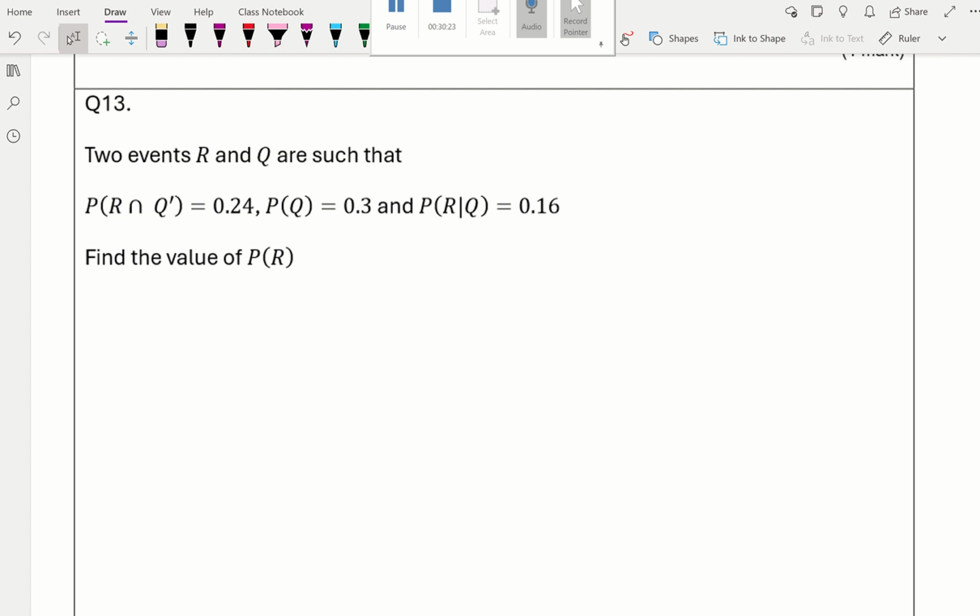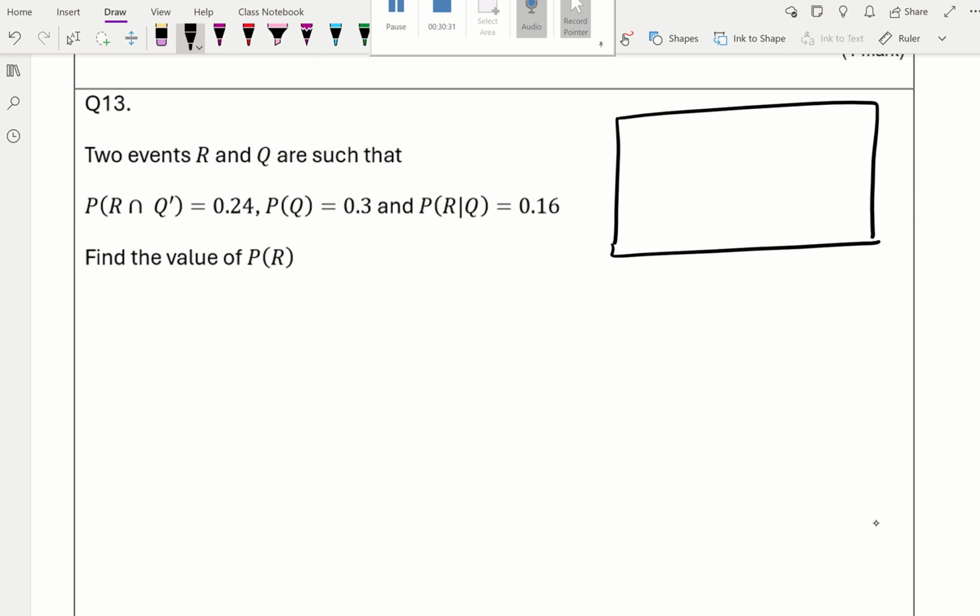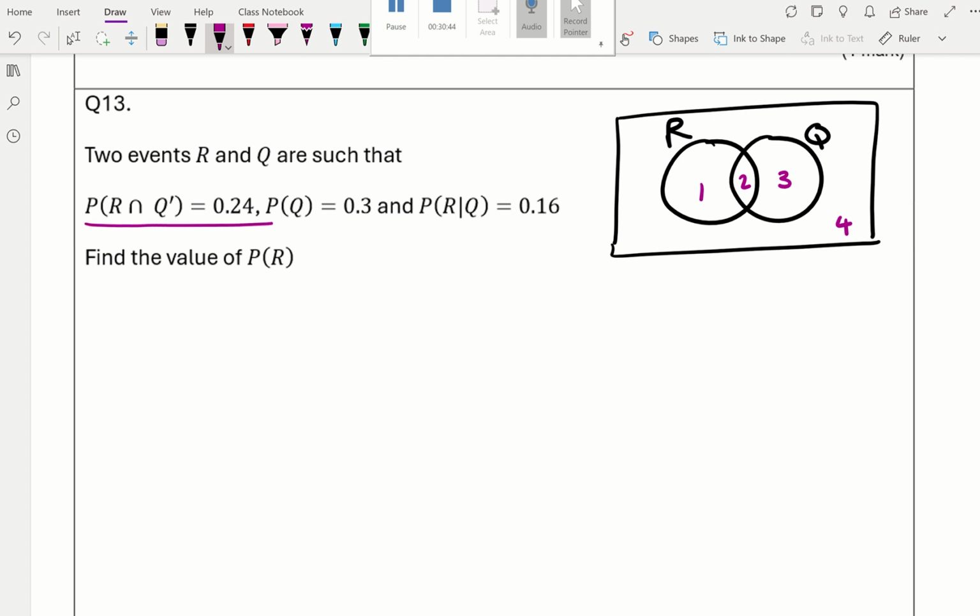Find the value of R. So I'm going to draw just a mock-up Venn diagram, R and Q, and I'm going to give the different regions numbers, 1, 2, 3, 4. I want to know where this goes. Is it region 1, 2, 3, or 4?